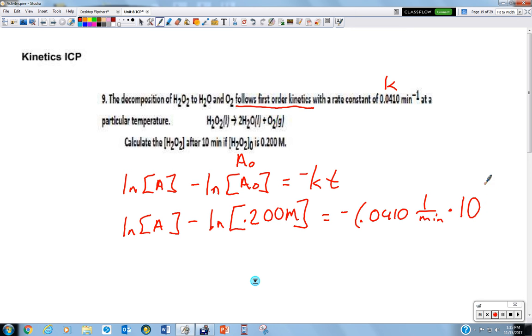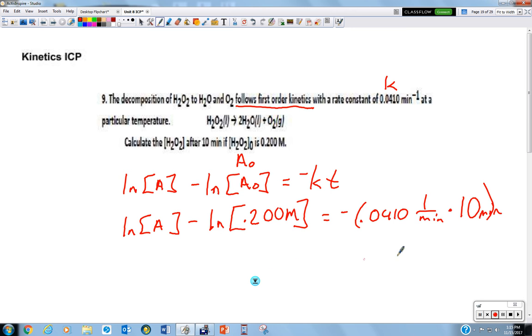The thing to notice here is our time is in minutes and our units for rate are 1 over minutes. If the units for rate had been 1 over seconds, you would have had to change your time into seconds. So just pay attention. They will do that in problems.